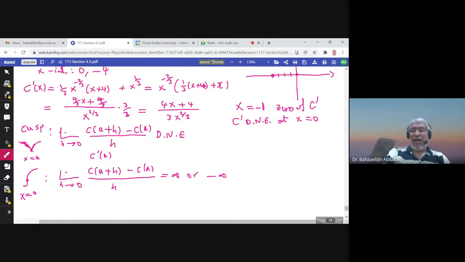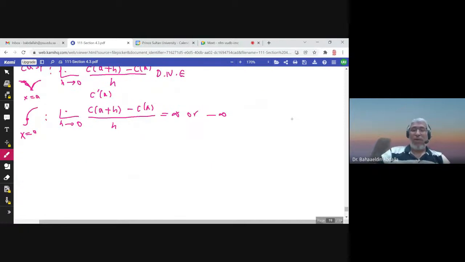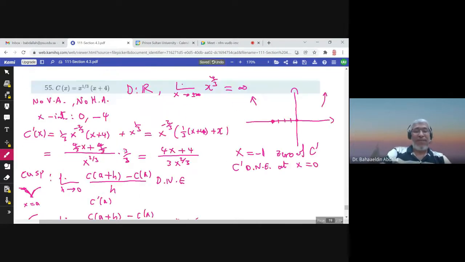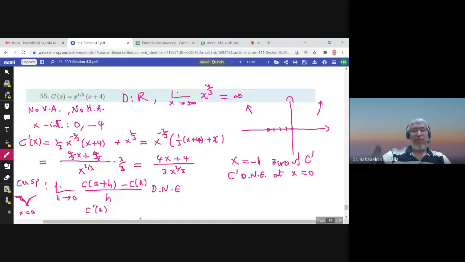So let us find out what happens at 0 actually. So let me find the limit of c of 0 plus h minus c of 0 over h when h approaches 0 from the right. What is c? It is this function. If I replace, what is c of 0? c of 0 is 0.